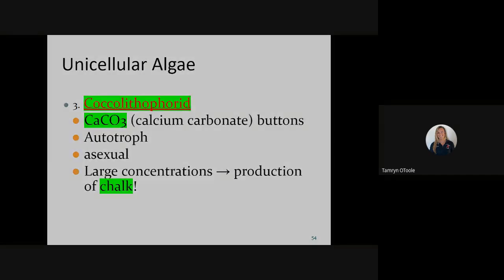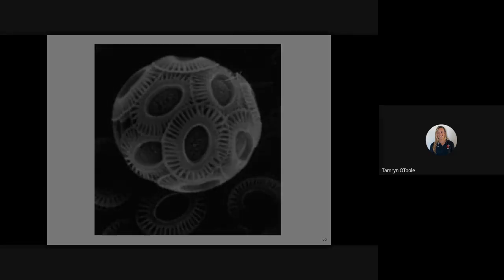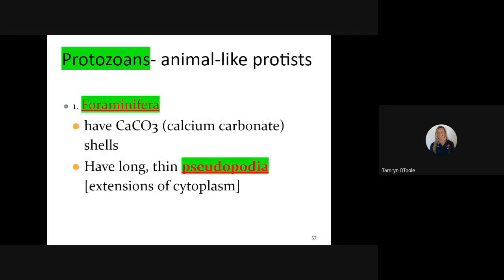All right. Last little section that we're going to go through today is our animal-like protists, because we're going to look at a few of these underneath the microscope tomorrow. All right, so our foraminifera are animal-like protists. And when I say animal-like versus plant-like, we just talked about a whole bunch of unicellular algae or plant-like protists. Now we're talking about animal-like protists, meaning that they are heterotrophic organisms.